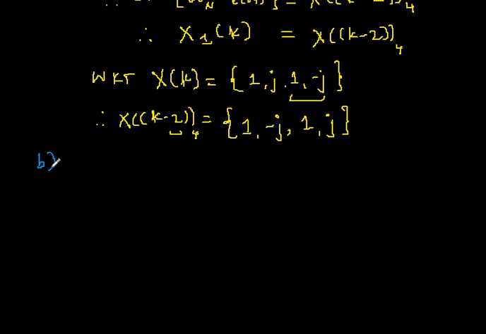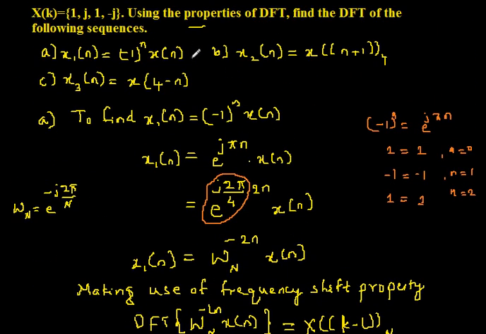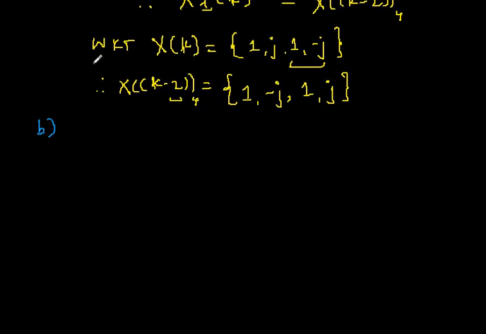In part B they say, I'll just go up and check. It says x2 of n is equal to x of n plus 1. So let's see that. Consider finding x2 of n is equal to x of n plus 1.